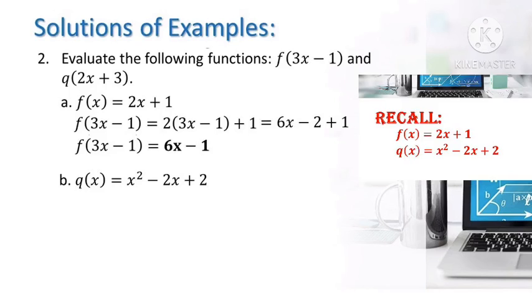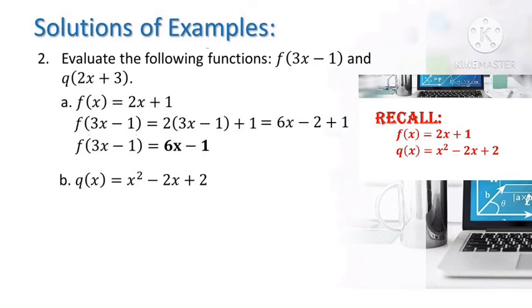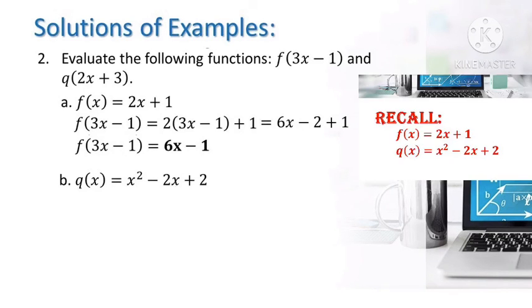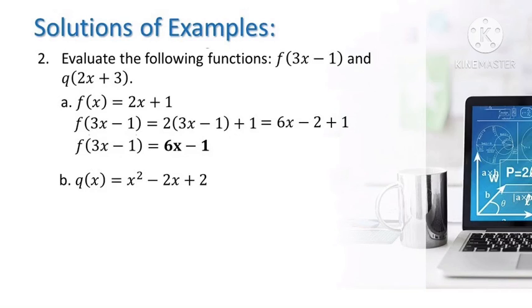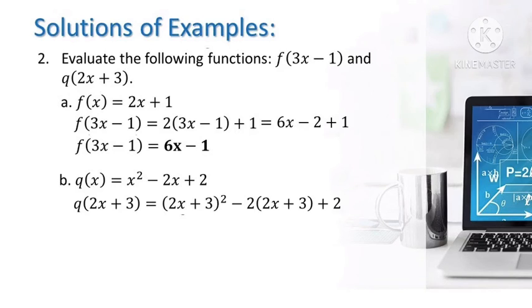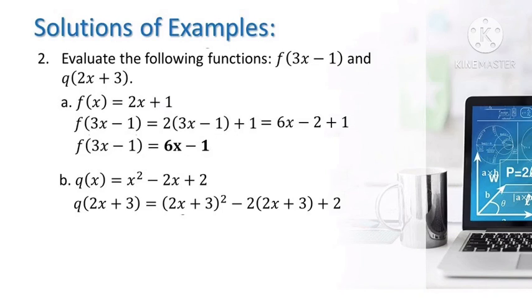Now for the second function, q of x, which is equal to x squared minus 2x plus 2, this time our x, both sides of the equation, has to be replaced with 2x plus 3. Thus, the equation became q of 2x plus 3 is equal to the quantity of 2x plus 3 squared minus 2 times the quantity of 2x plus 3 plus 2.